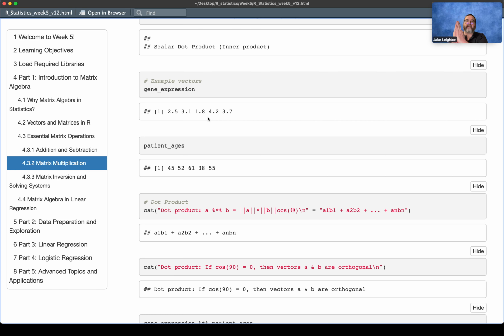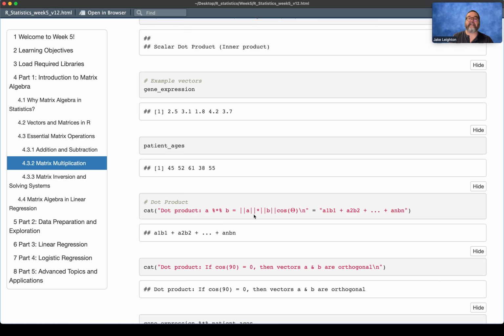What's interesting is that if you take the dot product of these 2 vectors and they're perpendicular, then that's the cosine of 90 degrees. The dot product is also the magnitude of A times the magnitude of B times the cosine of the angle. So if it's perpendicular, cosine of 90 degrees equals 0.